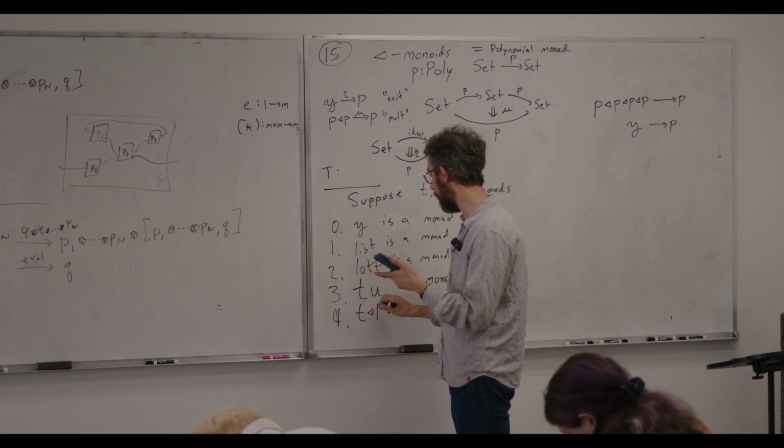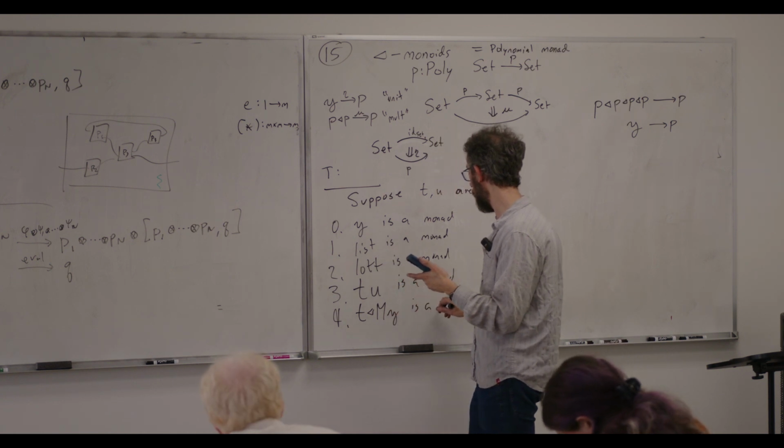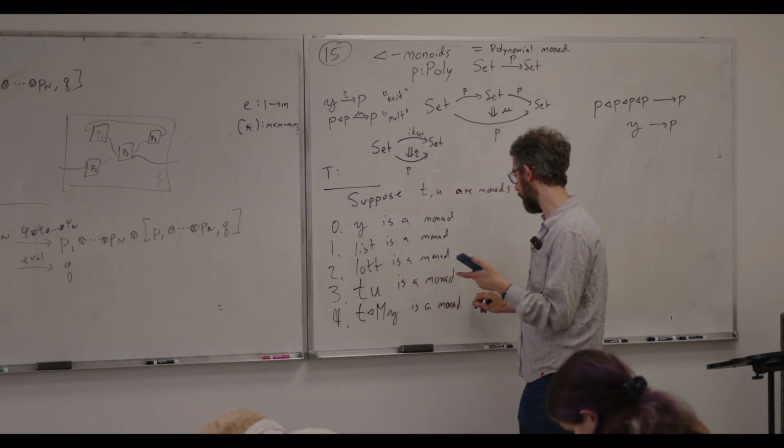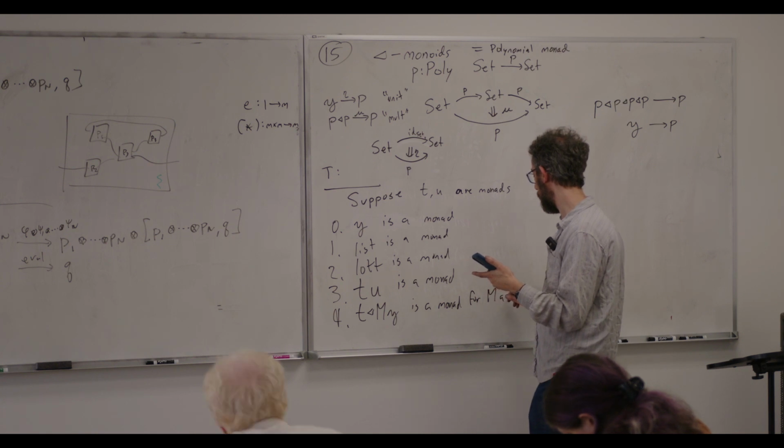T composed M is a monad for M a monoid in set.